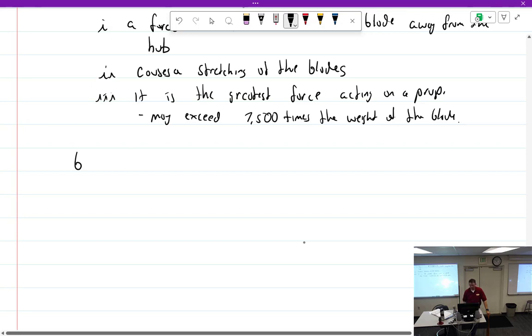Right, so it's trying to rip the blade out of the hub, the middle part. It's actually going to stretch them out. Next one is torque bending.